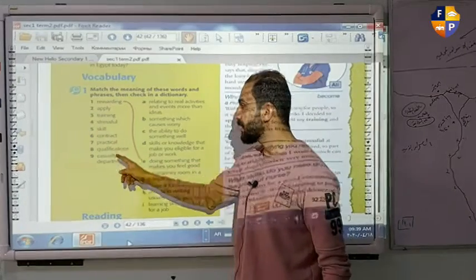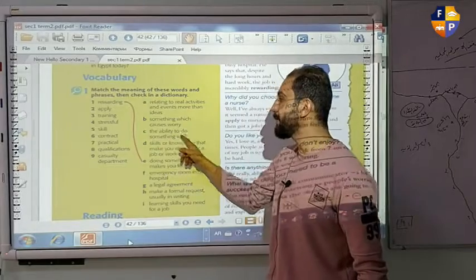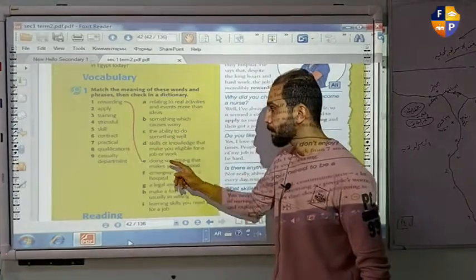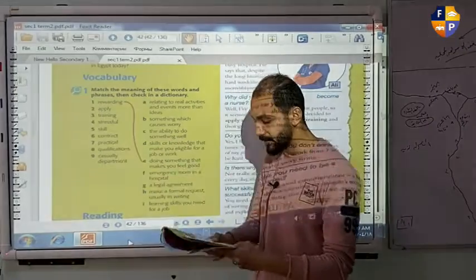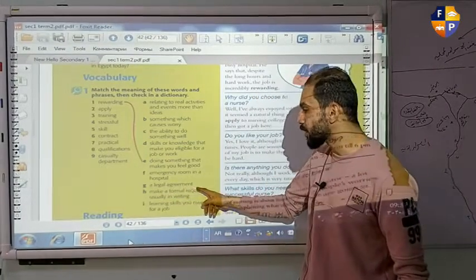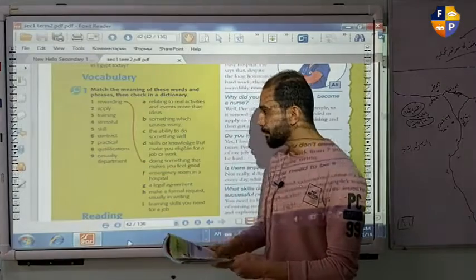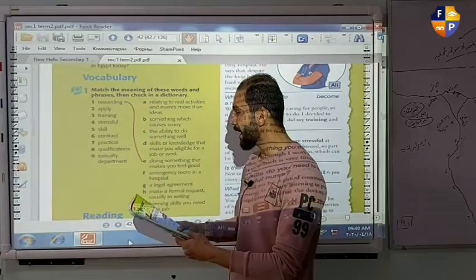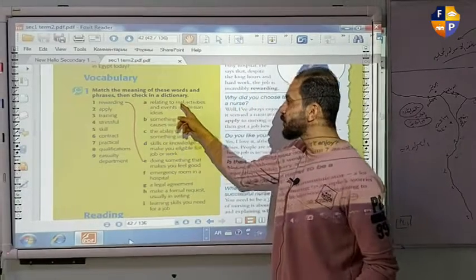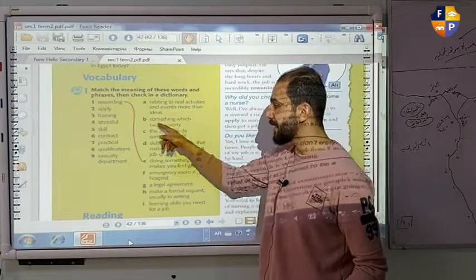Number 5, skill, takes C, which is the ability to do something well. Number 6, contract, takes G, which is a legal agreement. Number 7, practical, takes A, which is relating to real activities and events more than ideas.